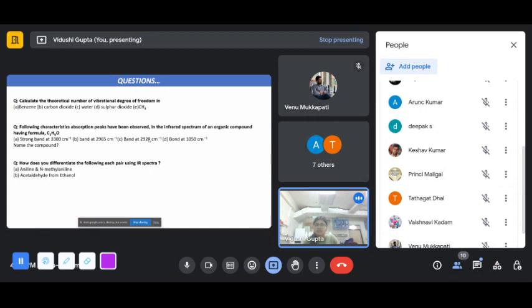Then we discussed some peaks: at 3300 a strong peak is for the hydroxy group, and a band at 1050 is characteristic of primary alcohols. If you have to differentiate a primary amine and a secondary amine, the N-H stretching will be different.